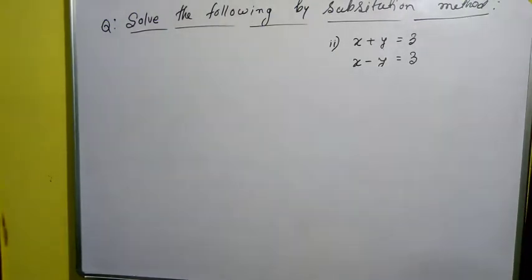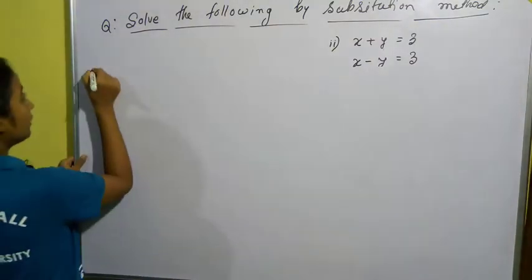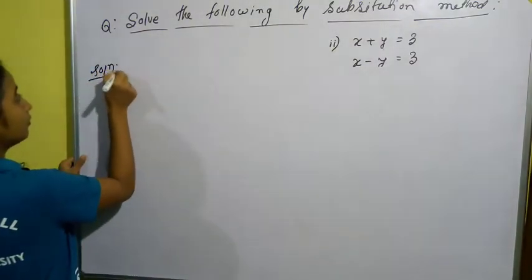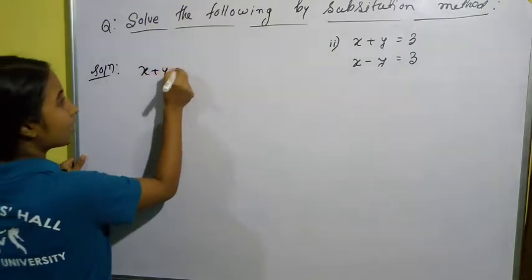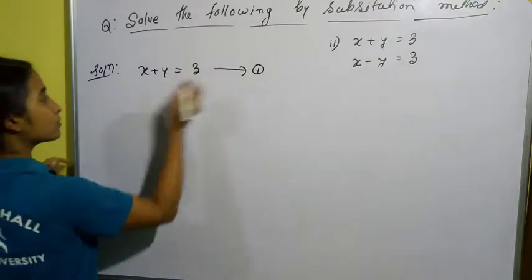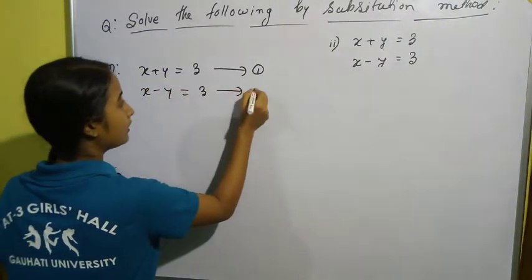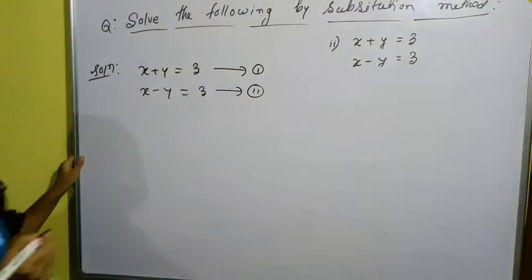Now let's come to example 2. In example 2, equations are x plus y is equal to 3, and I am giving the equation number 1, x minus y is equal to 3. So this is equation number 2.